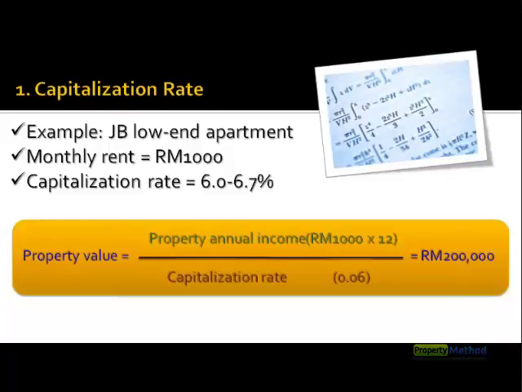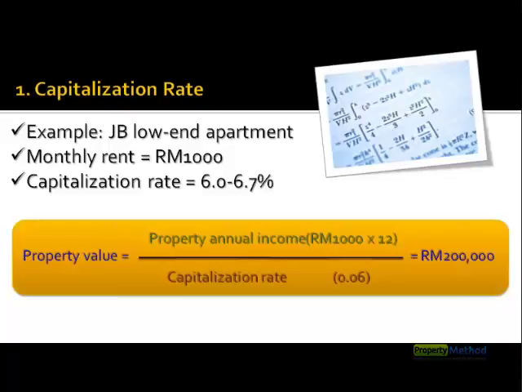Other than property listings, the best alternative for us to easily estimate this capitalization rate is perhaps asking for the latest average rental income and selling price in the same area from our very own property agents, because they are the professionals in the market, so they should roughly have an idea of what the average rental income and the average selling price are for that kind of property in the market now.